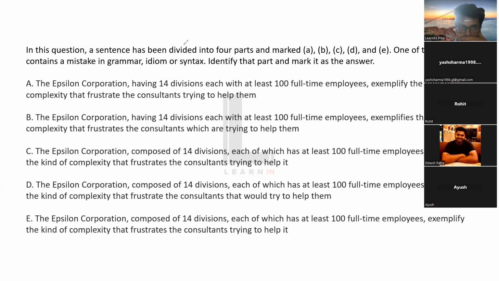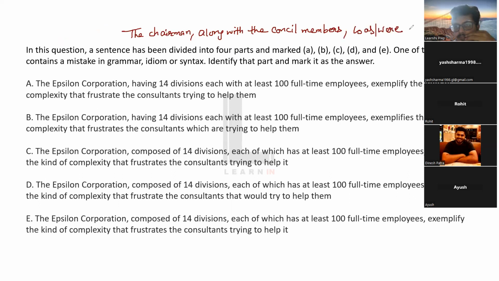Let us take one more sentence, right? The chairman, along with the council members, was or were the culprit. Was or were.